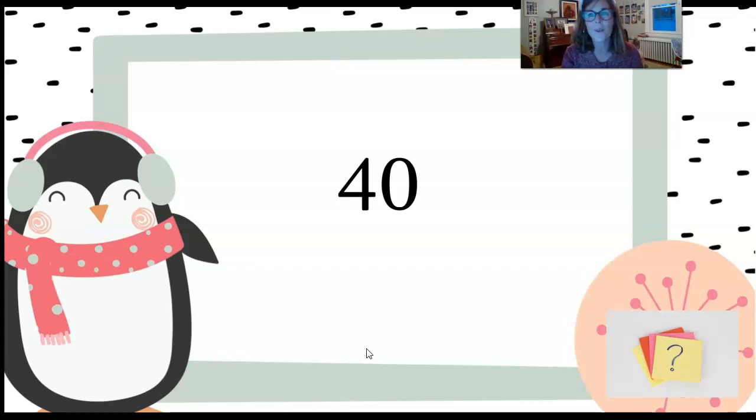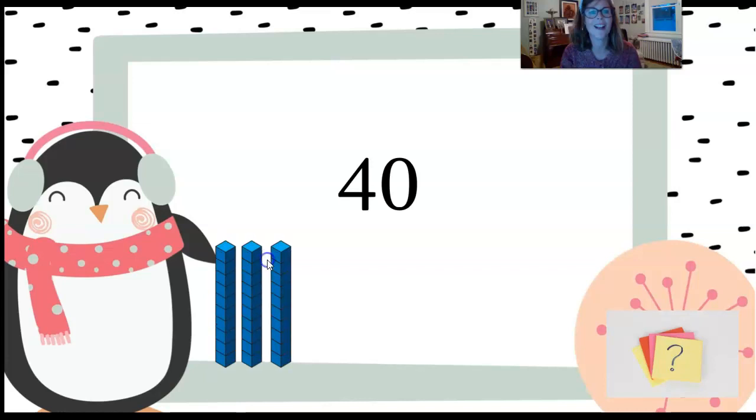And now we have 40. Let's represent it with our tens rod and our units. So we have 4. This is the tens place. This is the ones place. 4 in the tens. So how many rods are we going to need? 1 rod, 2 rods, 3 rods, 4 rods, and each one is 10.